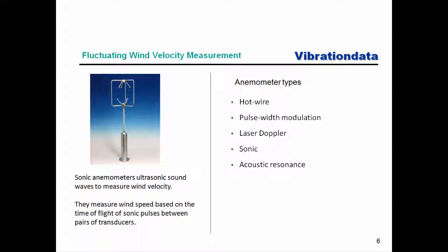It's a 3D type which uses ultrasonic sound waves to measure wind velocities. This is based on the wind speed as the ultrasonic pulses travel from one transducer to the next.